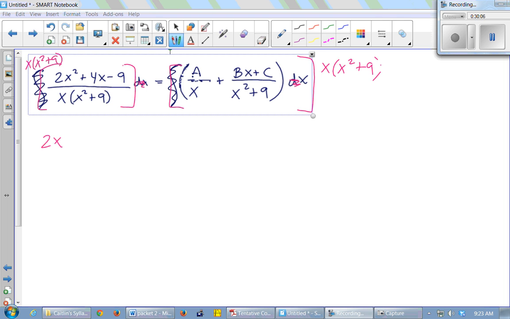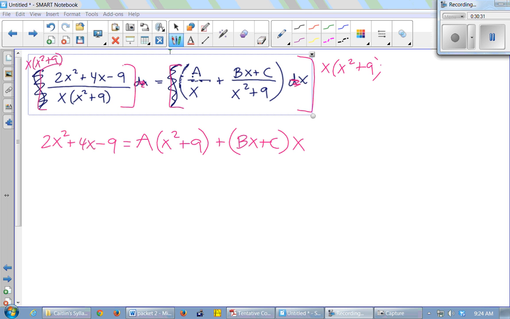I have 2x squared plus 4x minus 9. And on the right, when I do the first term, the x's cancel, and I have a times x squared plus 9. And for the next term, bx plus c over x squared plus 9, the x squared plus 9's cancel, and you end up with bx plus c times x.